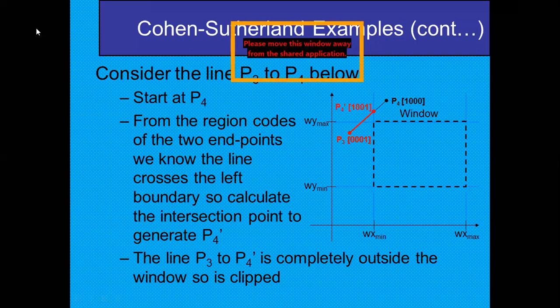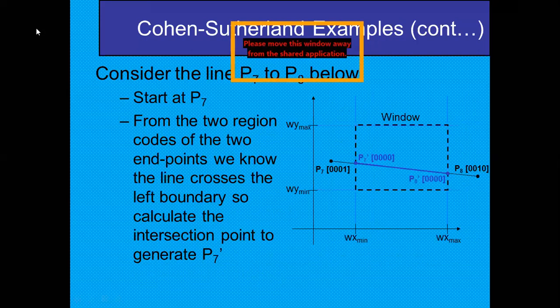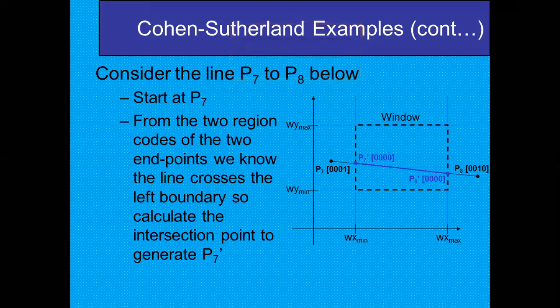Okay, so this is called the Cohen-Sutherland line clipping algorithm. Now there are various examples. Consider the line P7 to P8. I am clearing each and every point for you. Any type of line segments or points we can consider.